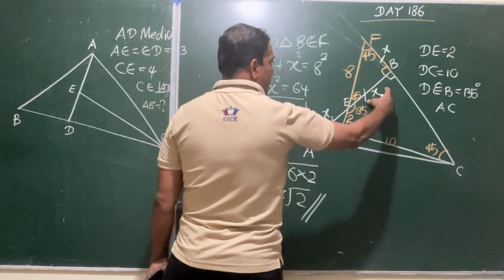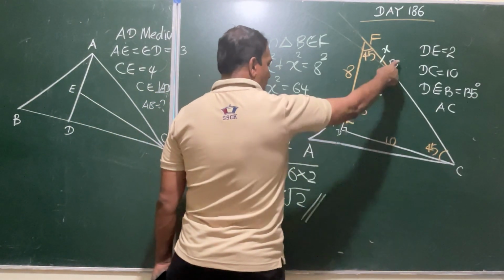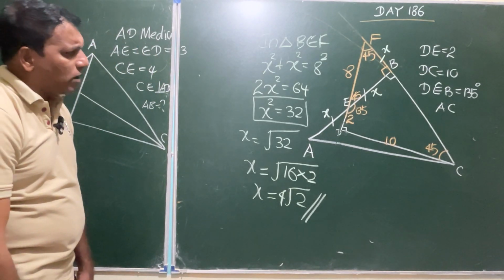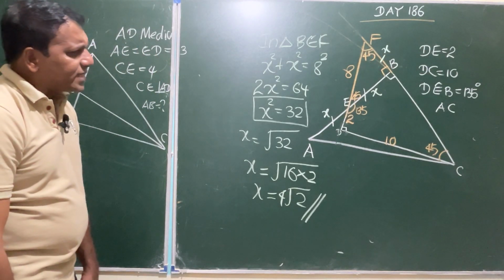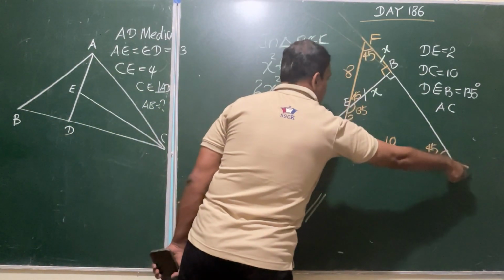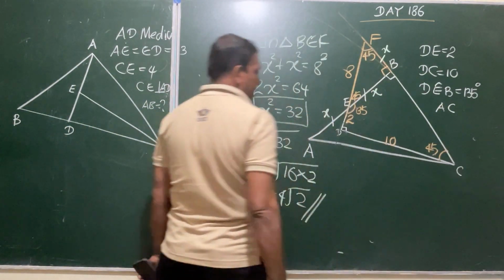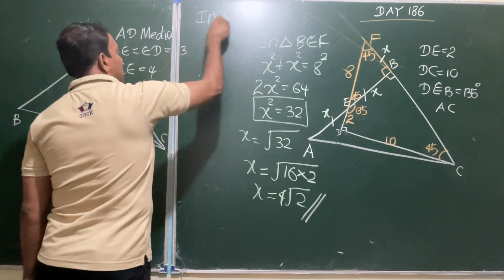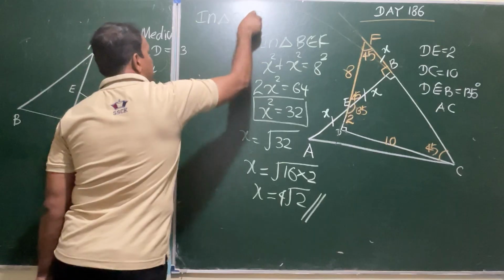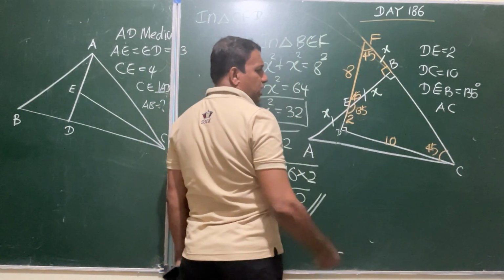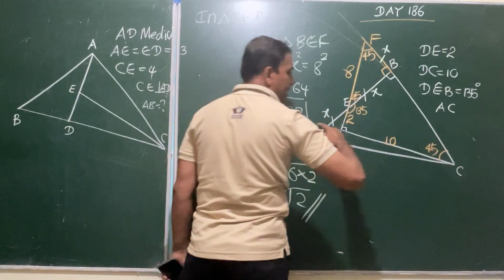So I know this x, and the same x here. So I know the AB value. AB is known, right? What about the CB, another right angle triangle? Triangle CFD. In triangle CFD, this is 10, here 10.